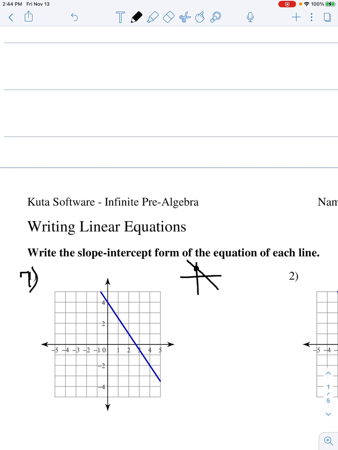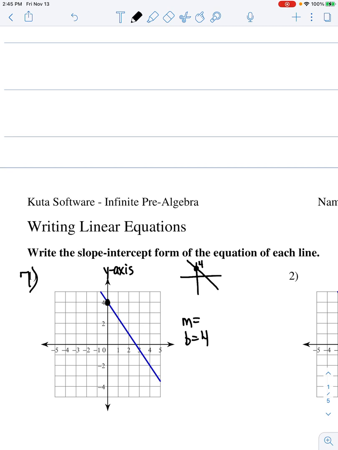And I want to make sure that you label the y-intercept, which is 4, okay? Because you know how to find the slope. That's nothing new, but finding the y-intercept is new. So the first thing you guys are going to do is you're going to find where the line crosses the y-axis. That's going to be your b. So in this case, it crosses at 4.